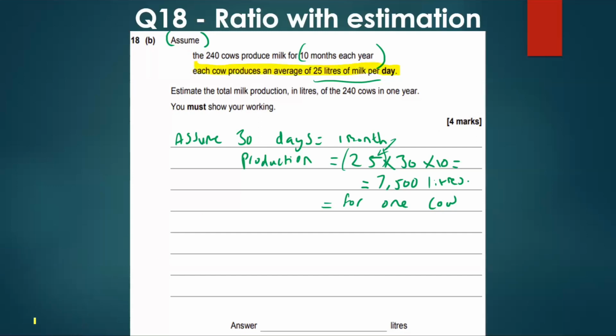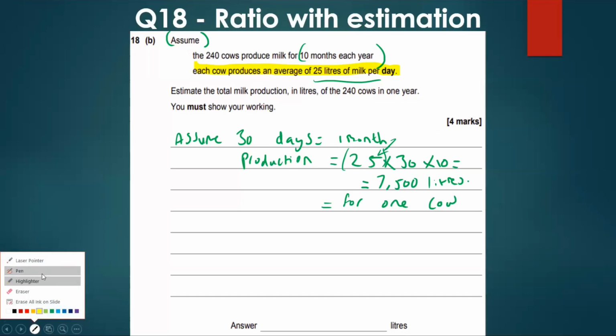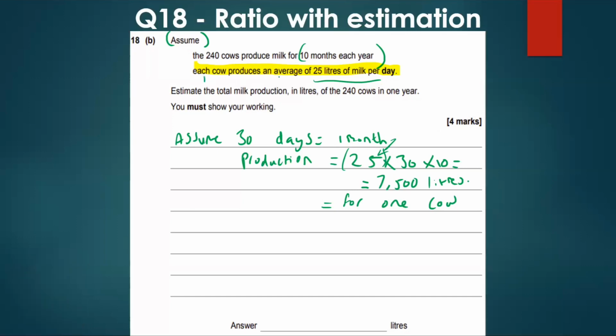So it's not 240 cows that produce an average of 25. Each cow does it, so 1 cow produces 25 litres. So if we know that is for 1 cow, we just need to multiply. So the total for 240 cows is equal to 7,500 times 240, because 7,500 litres is 1 cow, which we're trying to work out.